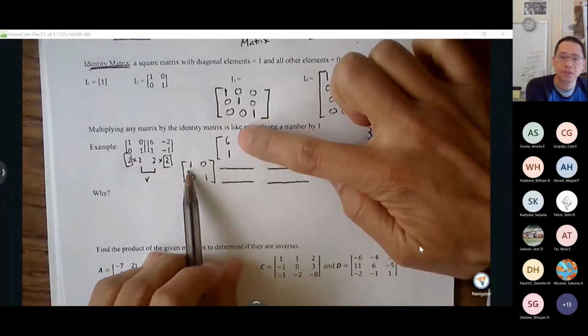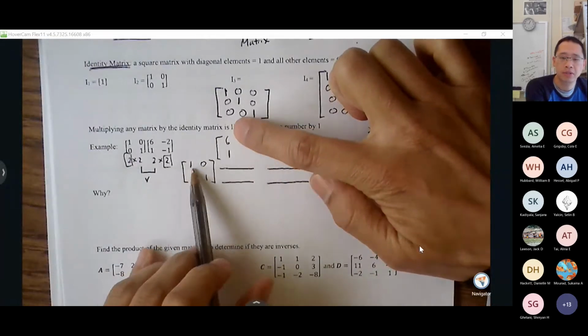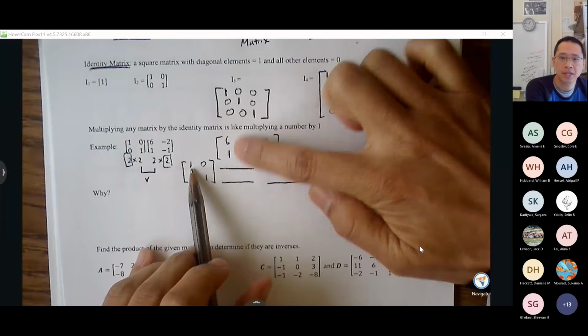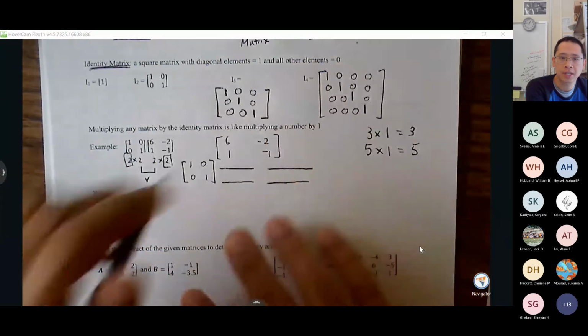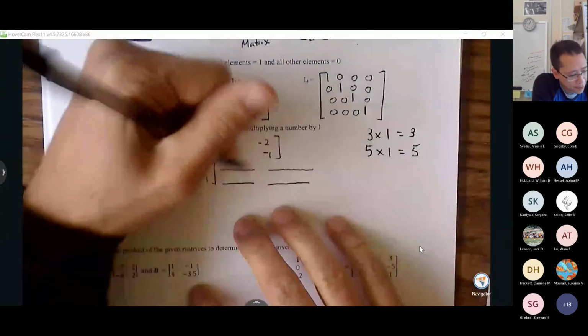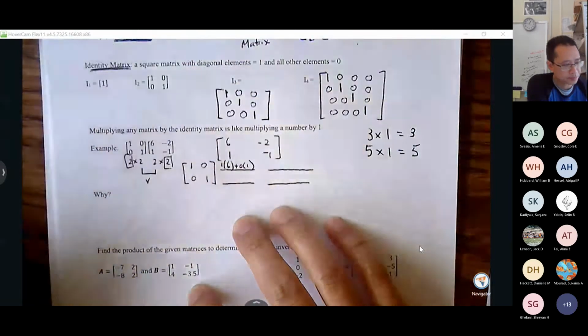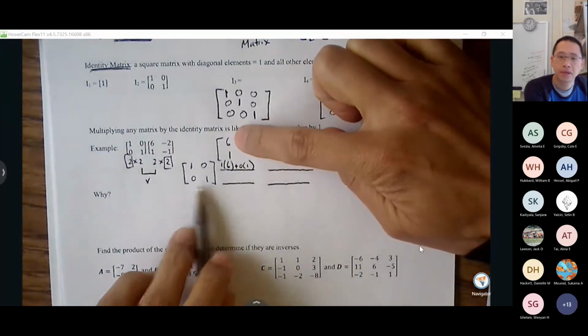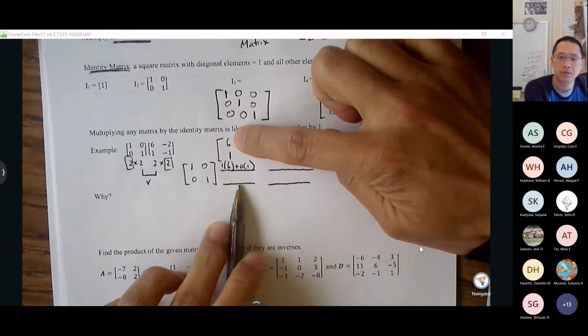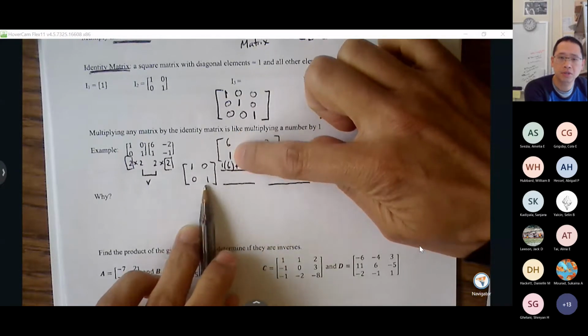Okay, so let's go left to right on the first matrix, top to bottom on the second matrix: 1 times 6, and then 0 times 1. Second row, first column: 0 times 6, 1 times 1.